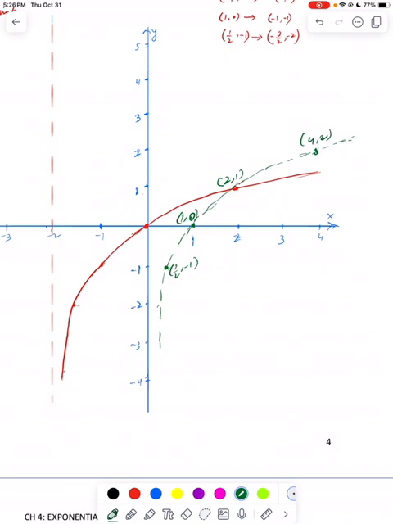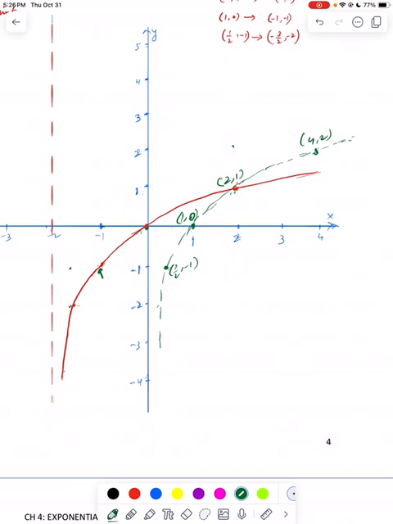So it comes here. The 4, 2 goes to 2, 1. And the 2, 1 goes to 0, 0 because you have moved 2 left, 1 down. And then the 1, 0, 2 left, 1 down, arrives here. And then this one, 2 left, 1 down, arrives here. And then that is your graph.